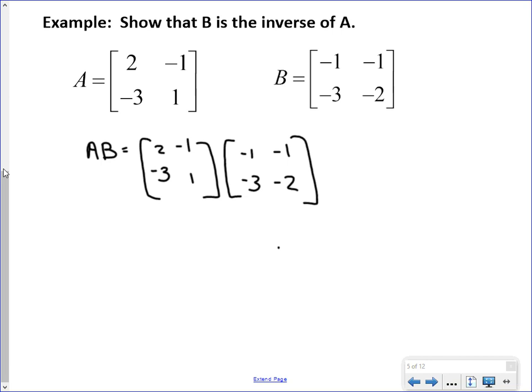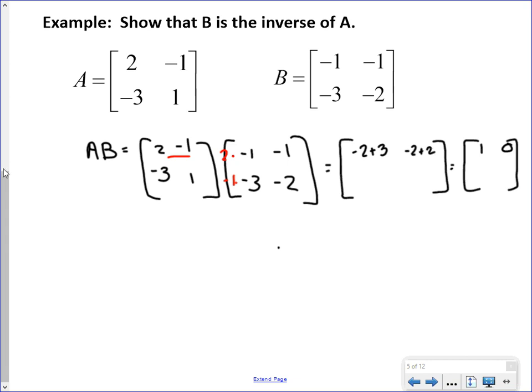Okay. So I'm going to show my work for my multiplication. I'm going to take that first row, 2, -1, multiply it by the first column. That'll give me -2 plus 3, which is 1 for my first entry. When I take the first row times the second column, I'll get -2 plus 2.